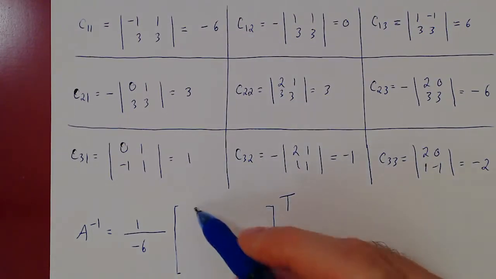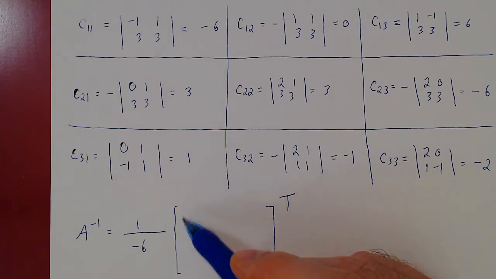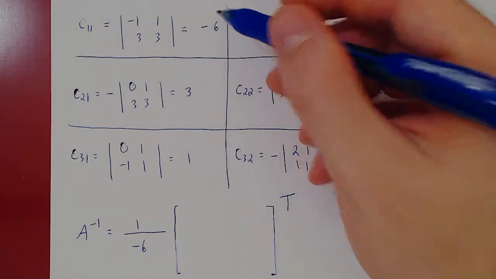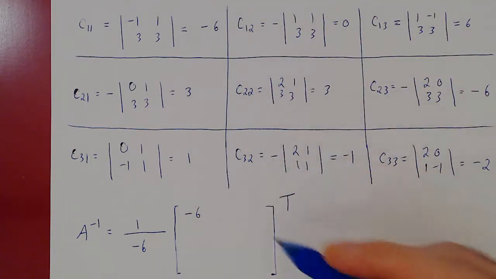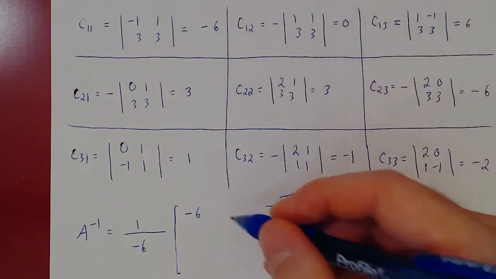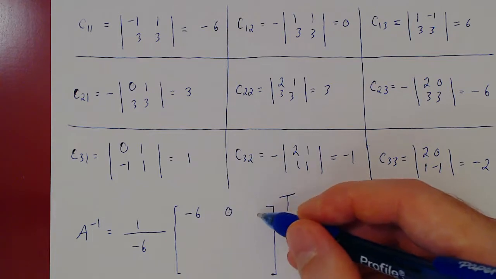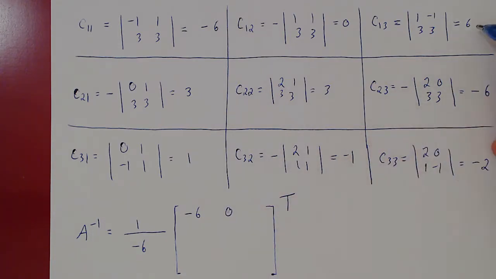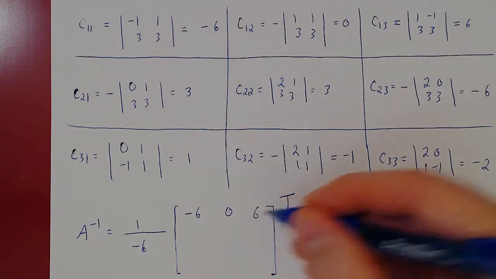So if you look, this is the entry A11. We replace this by its cofactor C11. This is the entry A12 replaced by C12. And this is the entry A13 replaced by its cofactor C13, which is 6.